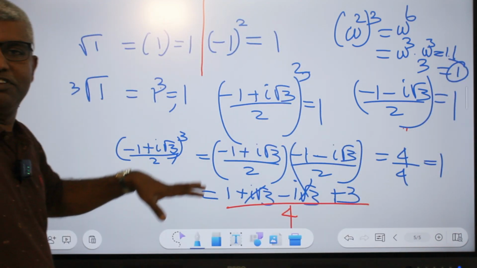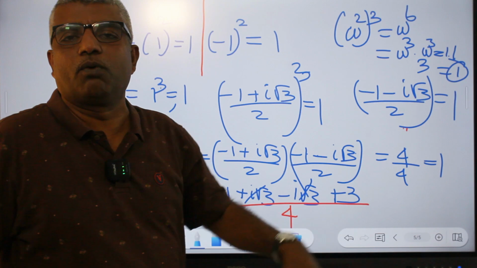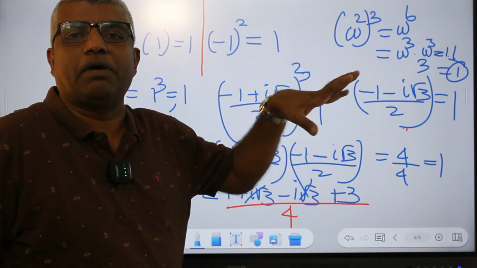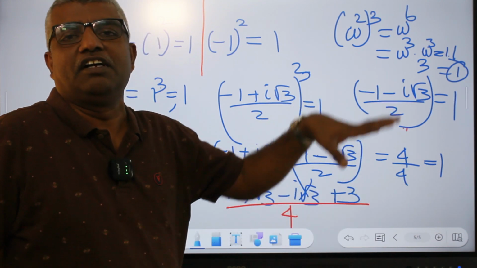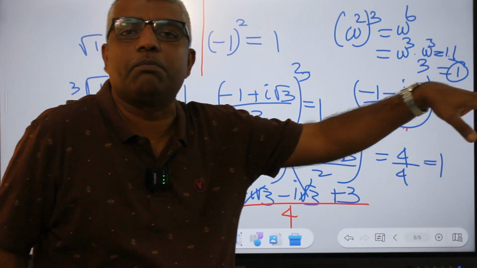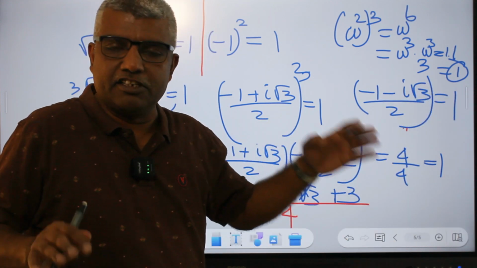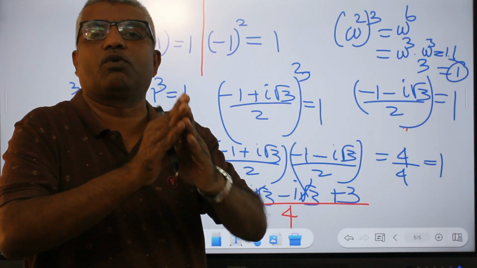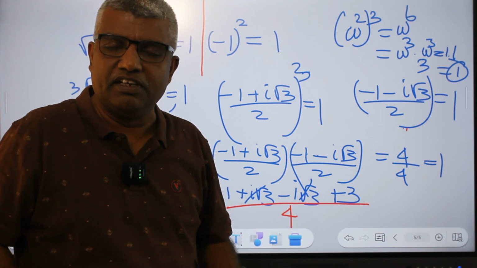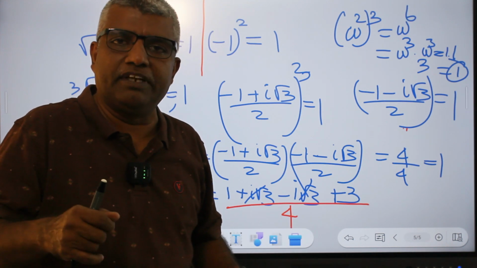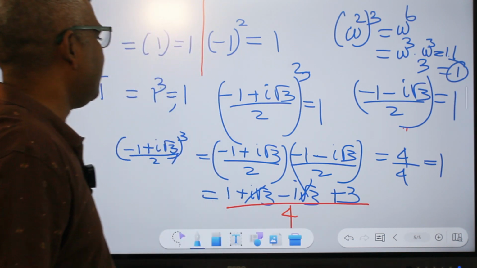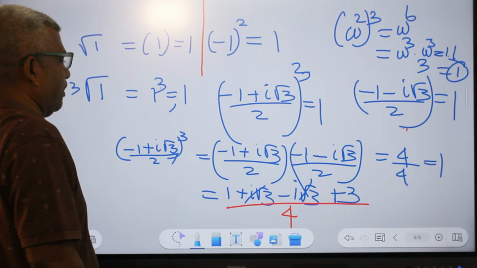So we found the cube roots: 1, minus 1 plus i root 3 by 2, and minus 1 minus i root 3 by 2. It is proven that if you add all the roots, it will become 0, and if you cube each root, it will become 1. Okay, copy down this one.